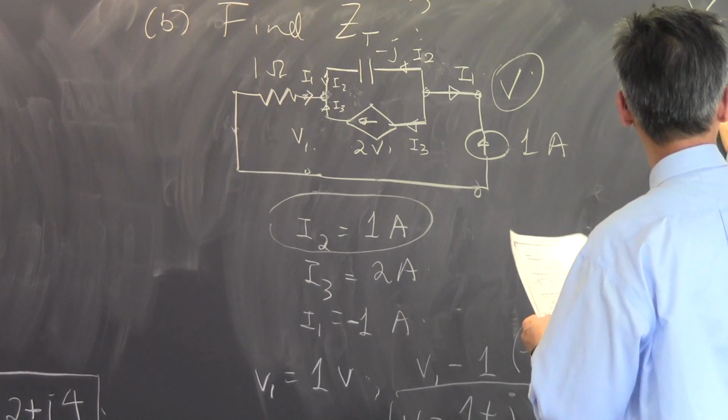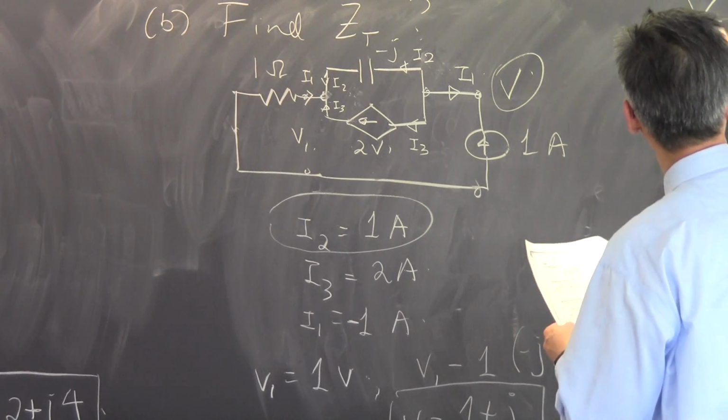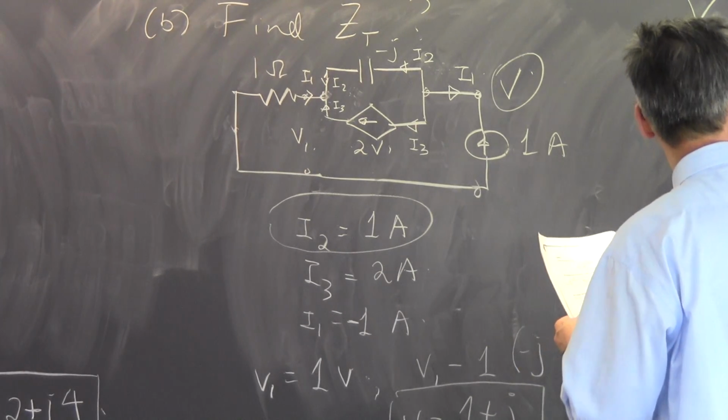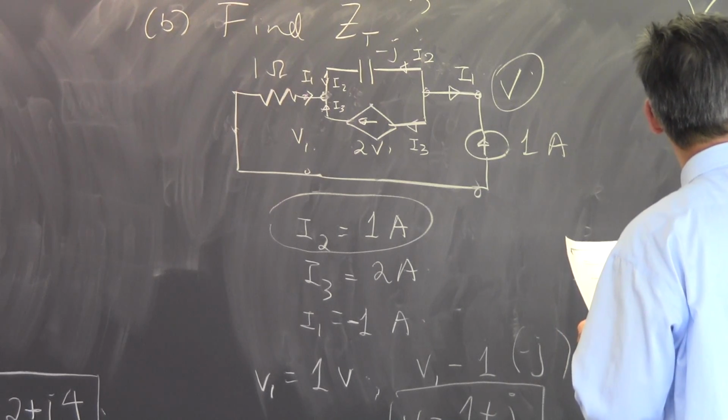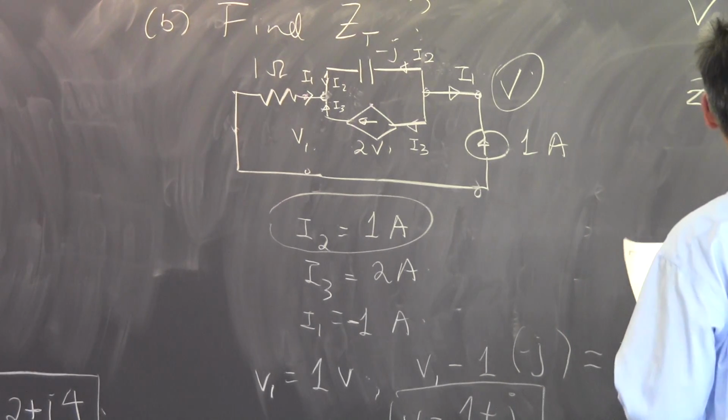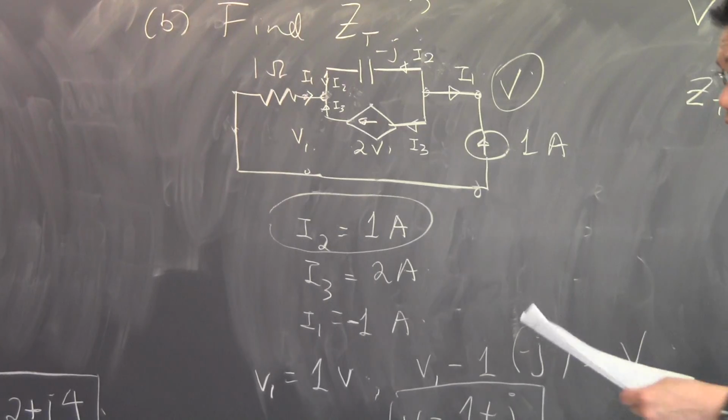And then Z Thevenin, oh sorry, V is 1 plus J, so the Z Thevenin is 1 plus J ohms. Okay, there's a Z Thevenin.